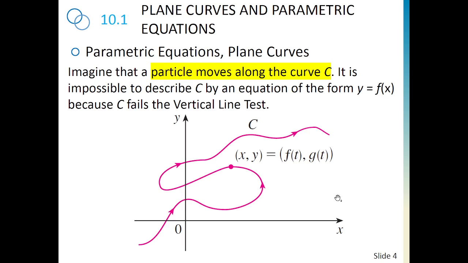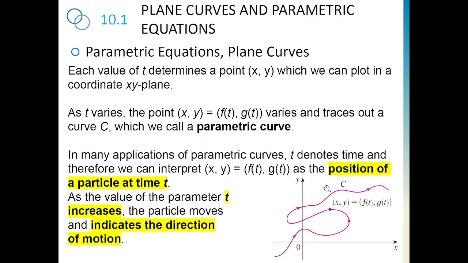So we can see that these curves are not functions, and we can think of them as paths on which particles move. That's very useful as an interpretation. So again, t is a parameter and these curves are called parametric curves or plane curves because they live in a plane. And again, we think of it as the motion of a particle along a path.